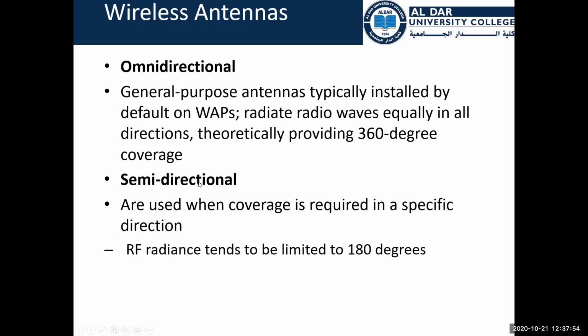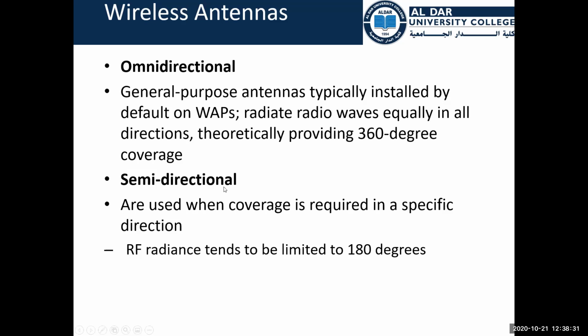For the semi-directional, it is something between highly directional and omnidirectional. It does not have 360 degrees coverage, but it has 100-degree coverage. That is like the human eyes. You see in front of you, to the right and to the left, but you cannot see your back.